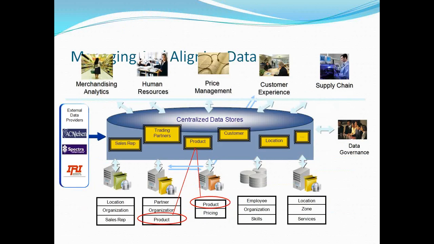There is a similar example here, for example, where product data or customer data is maintained across disparate systems. On the top we have applications which want to access the product data or the customer data. If they access the data directly, they will get a different view of the data because it might not be exactly the same.